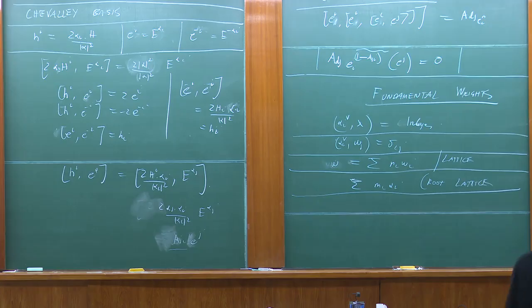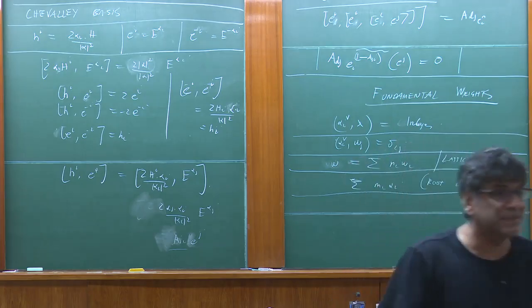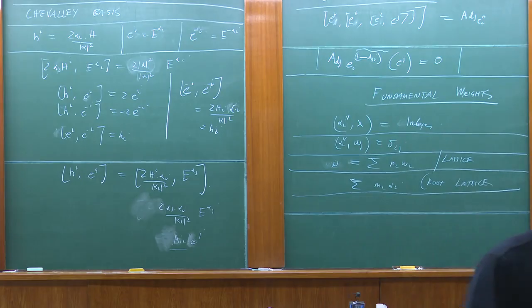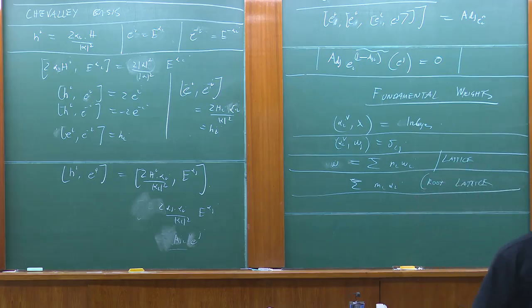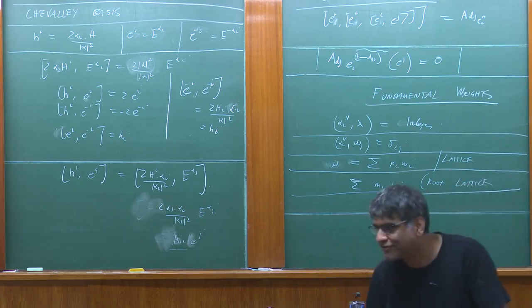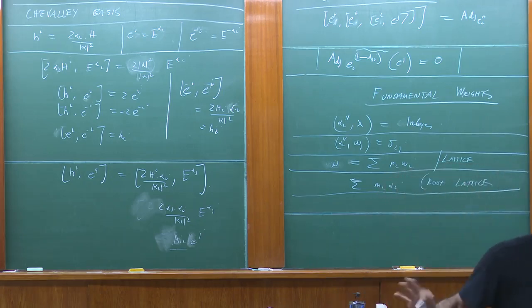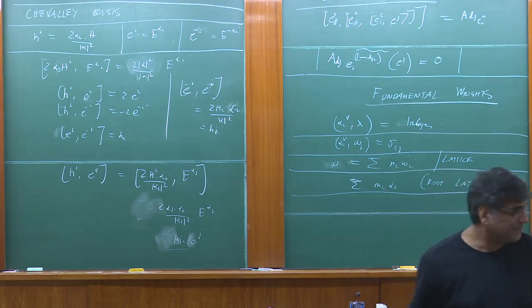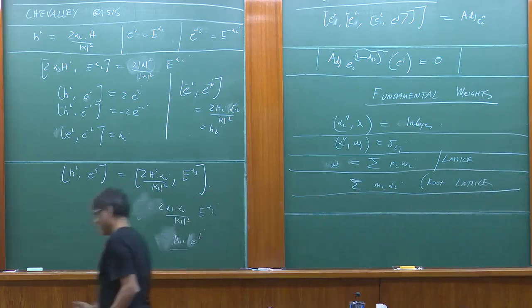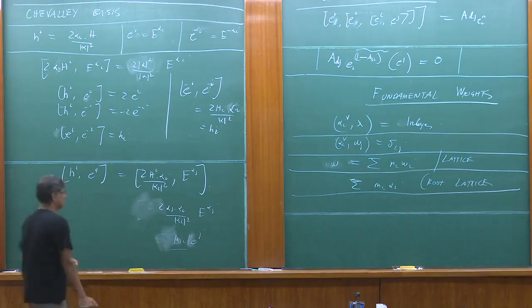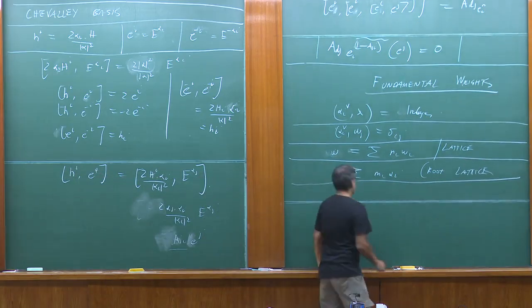Which conjugacy class you're in is a feature of your representation, not of the state in question. So representations can be labeled by conjugacy classes, or whatever, I'm not sure conjugacy class is the right idea, equivalence classes, the classes of which element of the weight lattice modulo root lattice you belong to. Clear? Okay, excellent. Now, the next important thing we're going to discuss is what's called Weyl reflections.